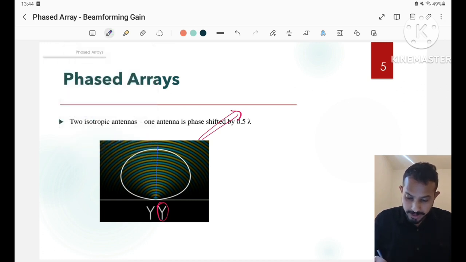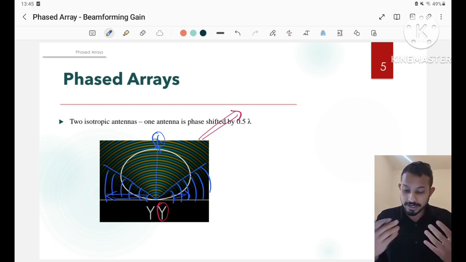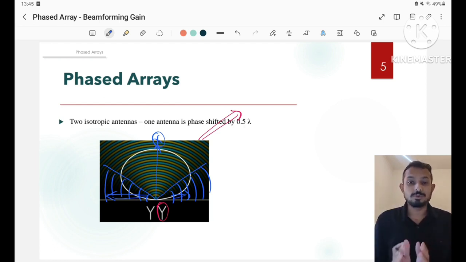So in the boresight direction, we get no signal, and most of the signal is present in the horizontal direction. The waves are radiating in this form, and there is almost little or no signal in the boresight direction. So by phase shifting the signal by λ/2, we rotated the main beam, which was previously towards the boresight direction, by 90 degrees.